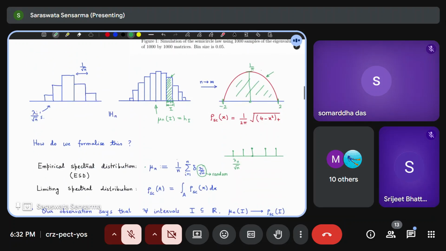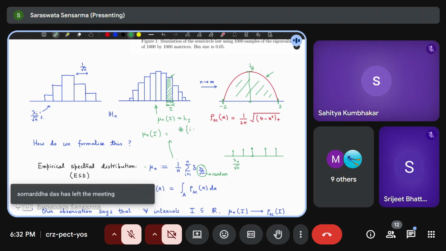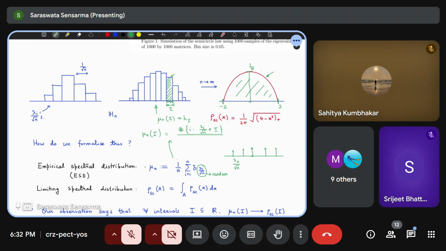That follows from this definition: it is the number of i's such that lambda i upon root n belongs to this interval I, divided by n, of course.